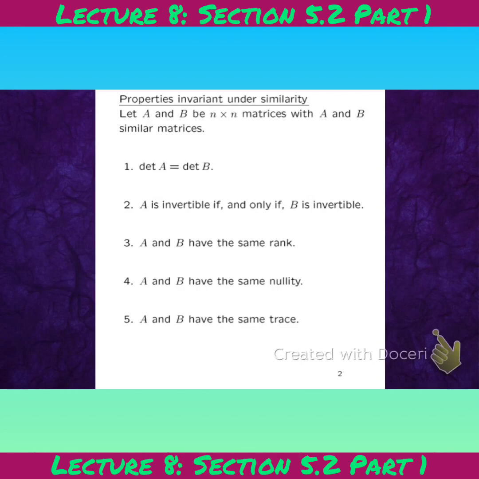The next one is, if you use a similarity transformation, you don't affect the invertibility of A.